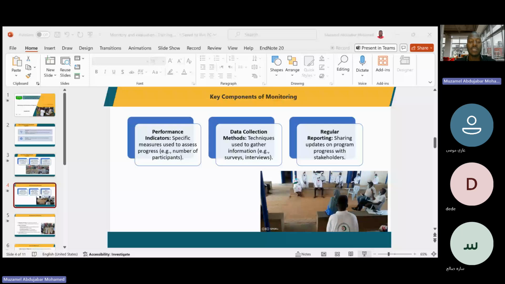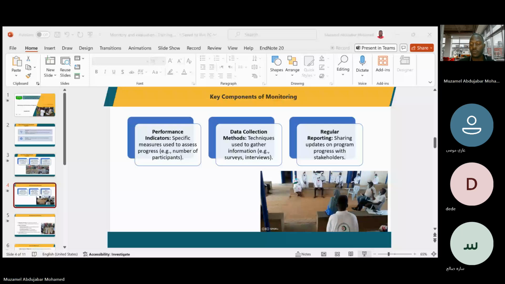This is the effectiveness. Third component of the evaluation is data analysis, reviewing the data to draw conclusions about the program's success. This is also a component of the evaluation.